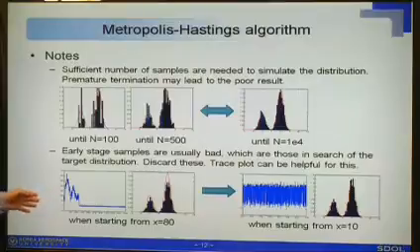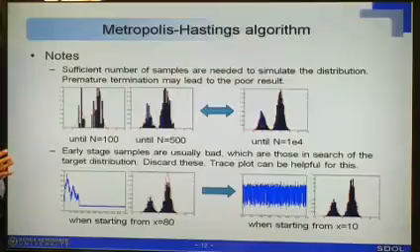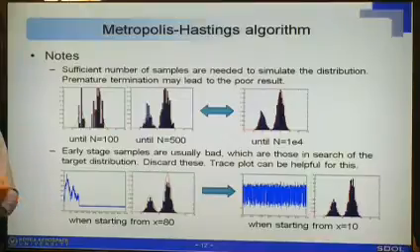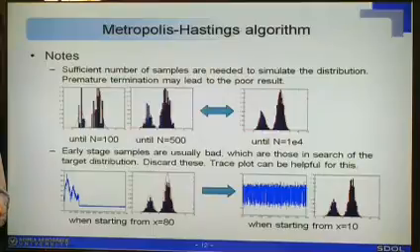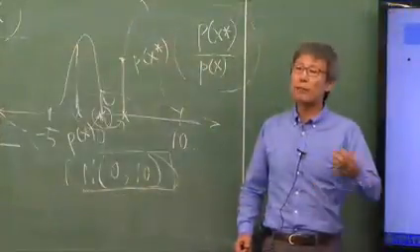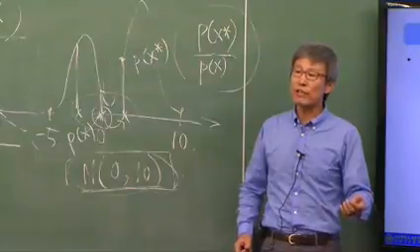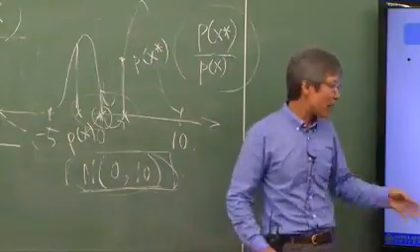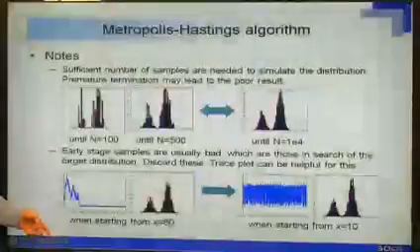I'm not trying to avoid something. I would like to explain that if we choose the starting point, in practice, in reality, we don't know what point we should start. So we start with an arbitrary point. And unfortunately, it turned out to be far from this region.